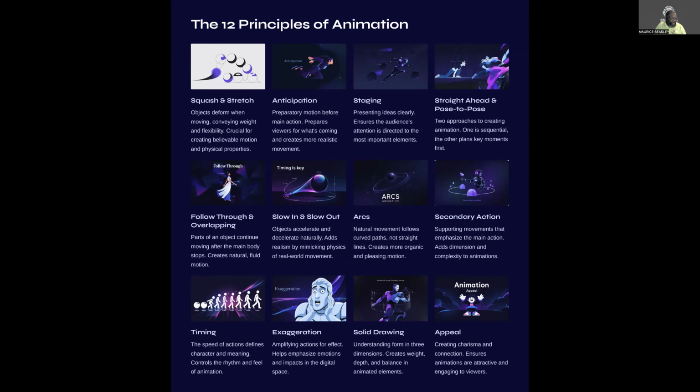Or maybe you do the straight ahead work in between each keyframe after you set it up. It's a method, it's a process. It's not anything that's too heavy that you really have to break your head over, but it's something that once you learn it, you'll be using it a lot.